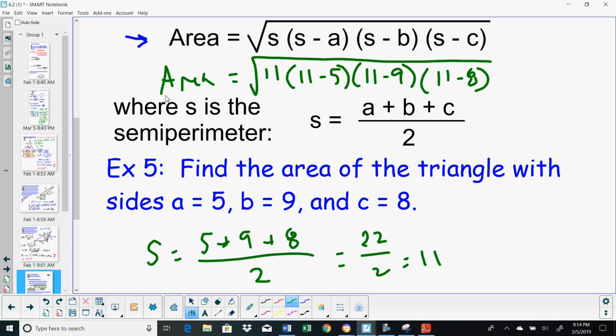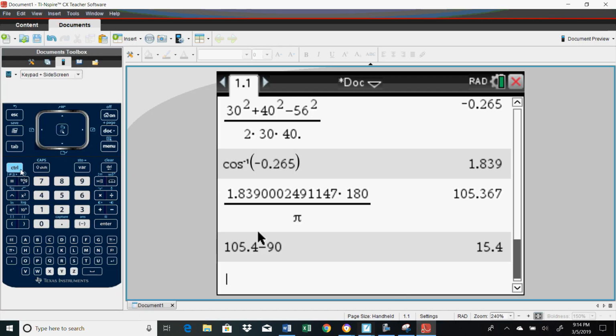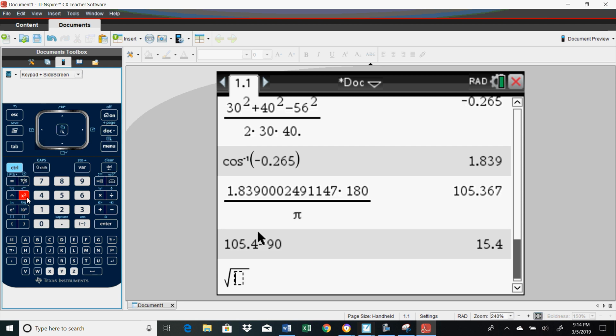So let's grab the calculator and do that. I want square root of 11 times the quantity 11 minus 5 times the quantity 11 minus 8 times the quantity 11 minus 9, close parentheses. Is that what I wanted?